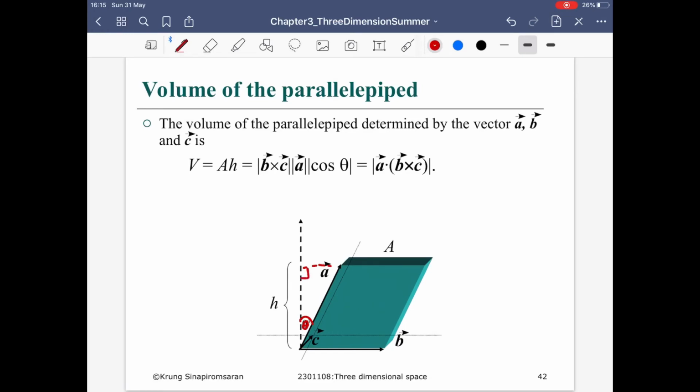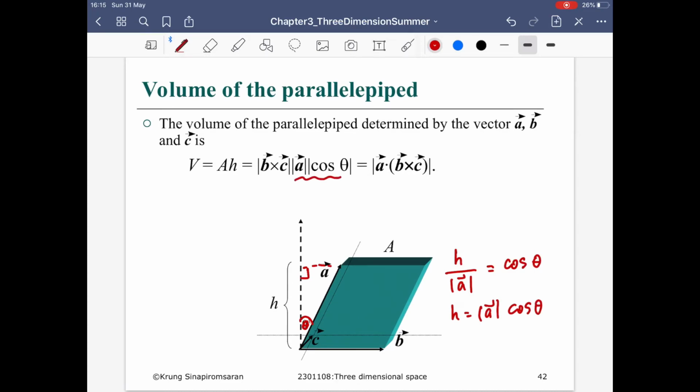This is the right angle here, is it? So we can say the length H over the length A. So the H is the adjacent, the A is the hypotenuse, so it is a cosine theta. So the H is simply A cosine theta, just like this.